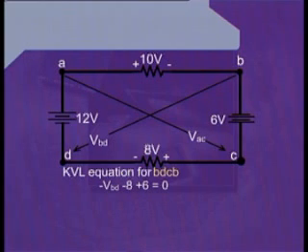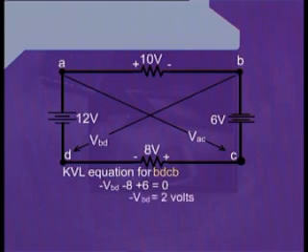And now, because we have reached at the point B, which was our starting point, we have to stop writing the equation any further and equate whatever we have written to 0.